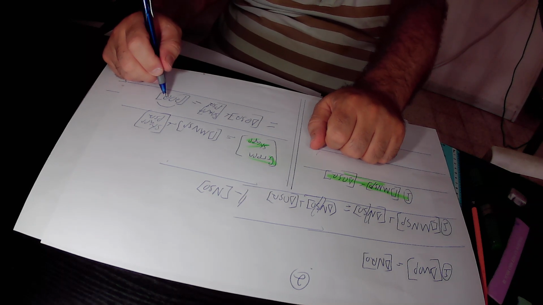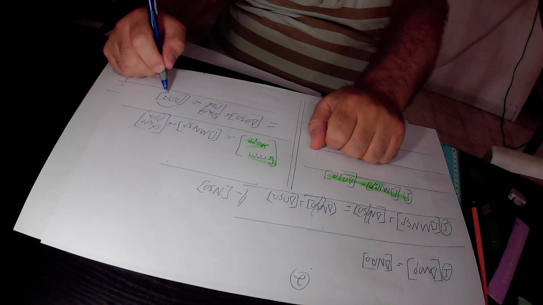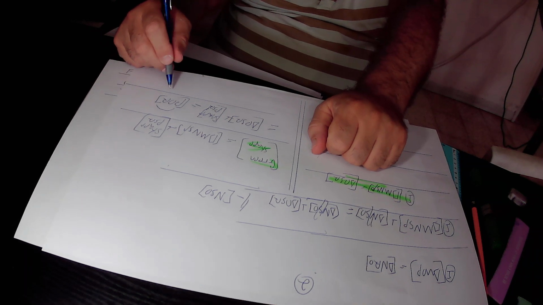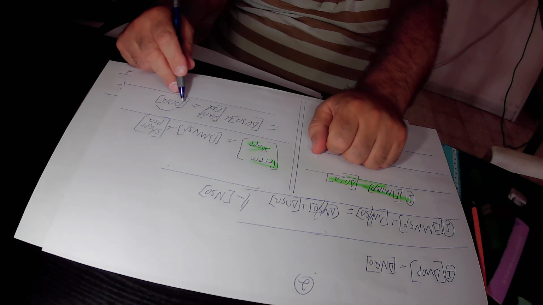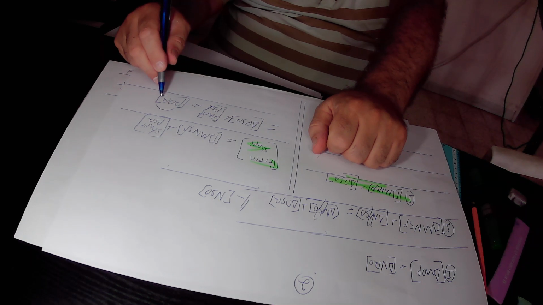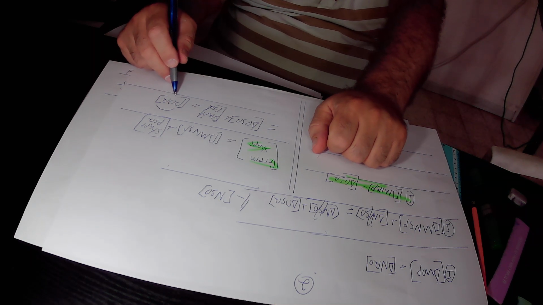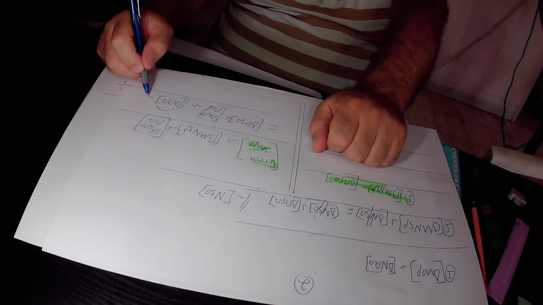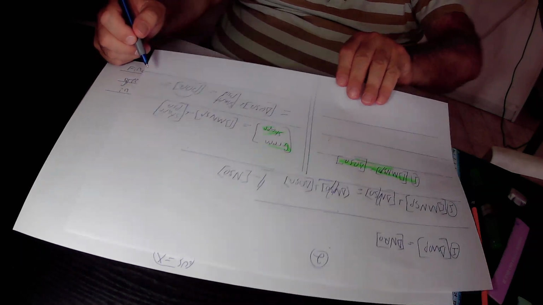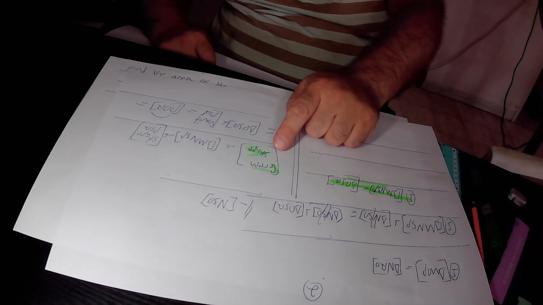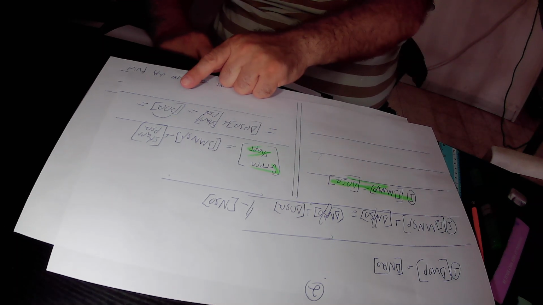Here the rounded line above POQ is the sign for a sector, and the square brackets are the sign for the area. So in total this sign means the area of sector POQ. So I found out that the area of the green shape equals the area of sector POQ.